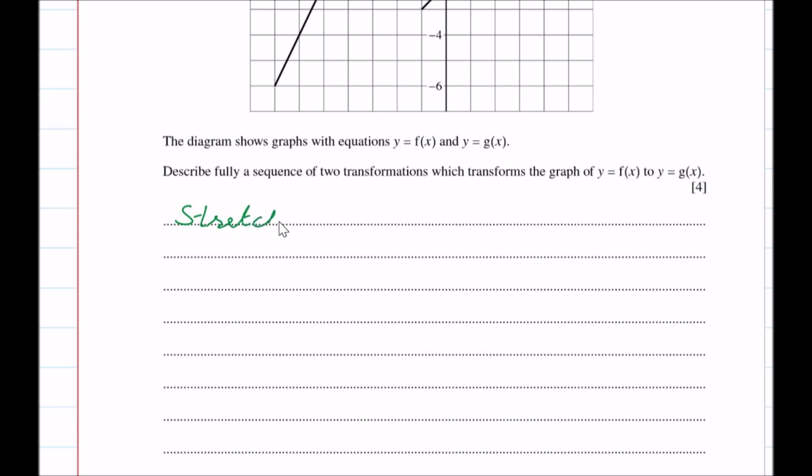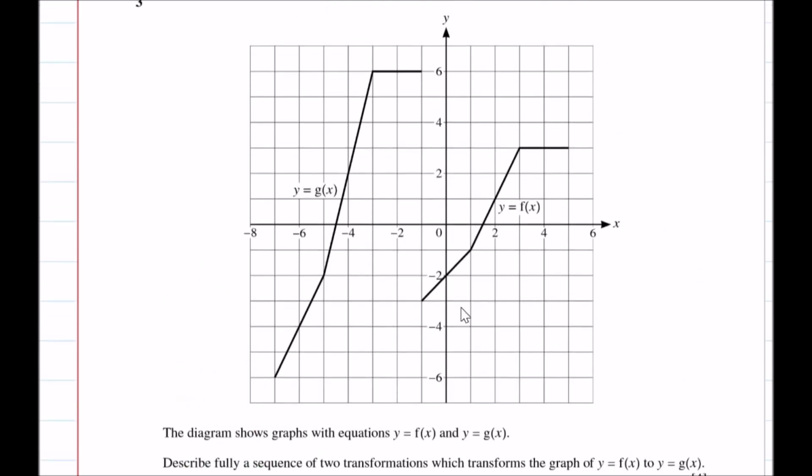Stretch. Okay. So when you are stretching something, you should know the stretch factor. You can see here, this is spread out from 3 to minus 3. Now this is spread vertically from minus 6 to plus 6. So it is doubled: 3 to minus 3, 6 to minus 6.